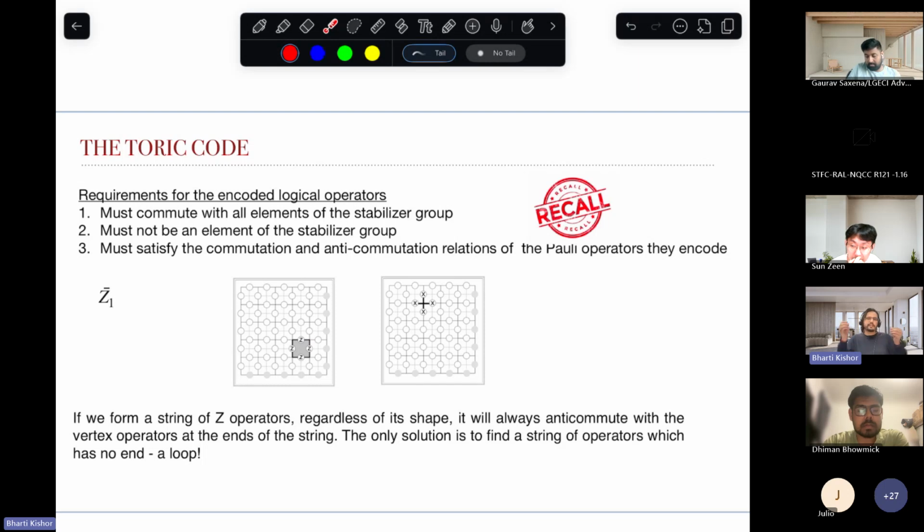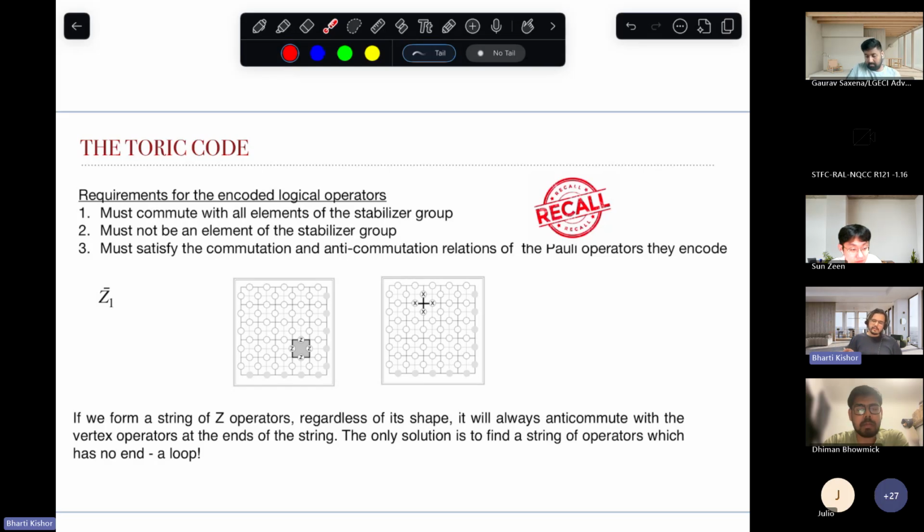Let's say you have Z1, Z2, Z3, and you take Z2, Z3, Z4, and you look at the commutation, they will always commute. The problem comes when you look at the commutation between a tensor product of some Z operators with some tensor product of X operators. So Z and X is the problematic part.